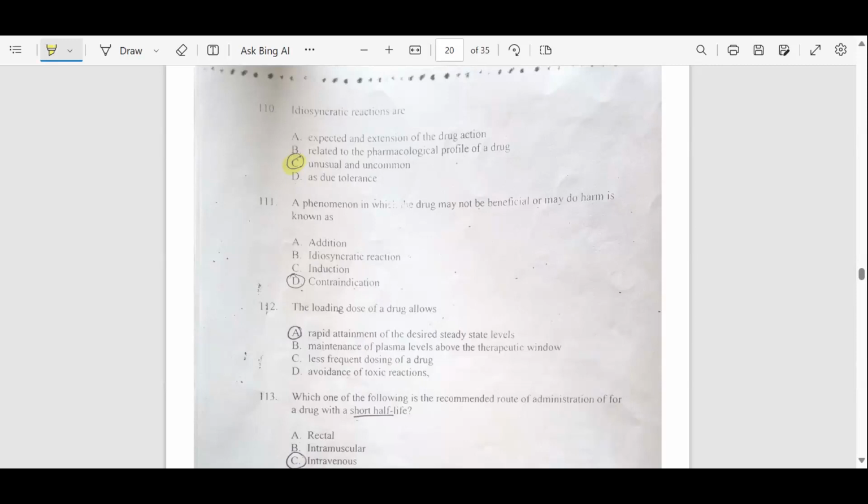A phenomenon in which a drug may not be beneficial or may do harm is known as: addition, idiosyncratic reaction, reduction, and contraindication.